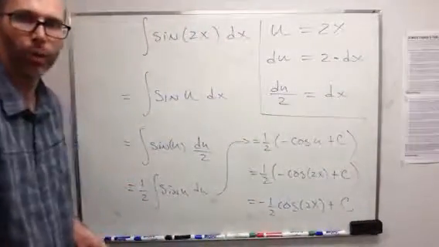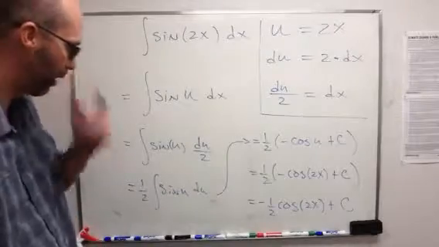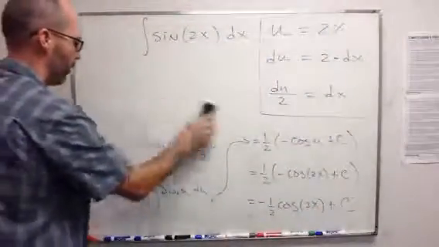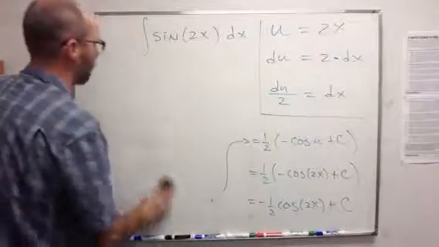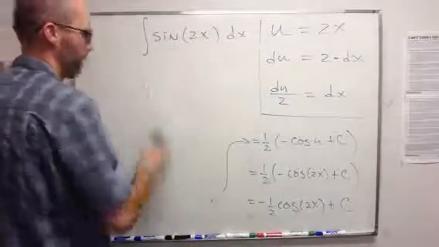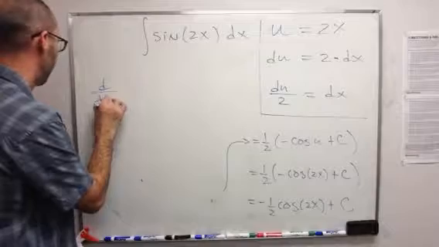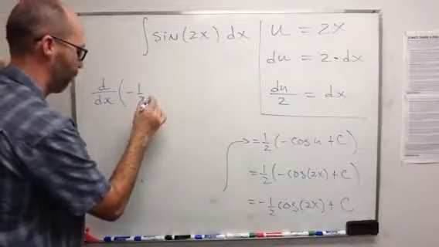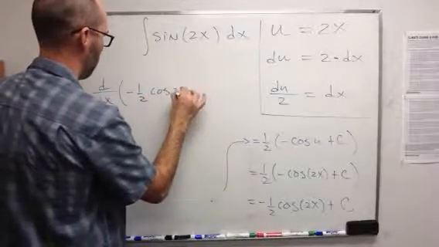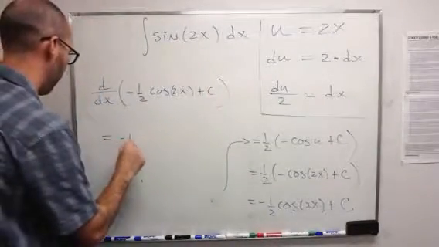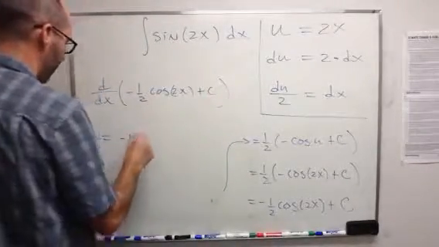Now remember, we can check our work. Let's see, what's the derivative of this guy? Let's check to see if the derivative of that guy gives us what we have under the integrand. Alright, so d/dx of negative 1/2 cosine 2x plus c: negative 1/2, derivative of cosine is negative sine.